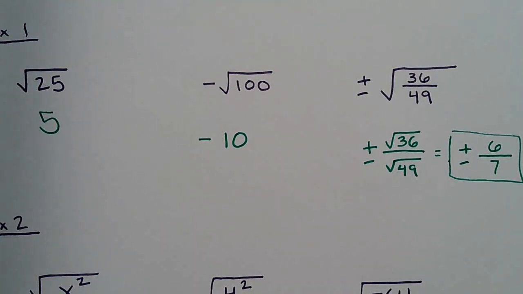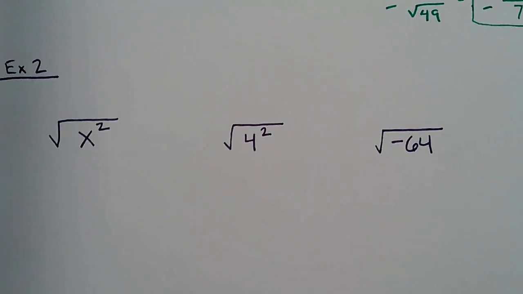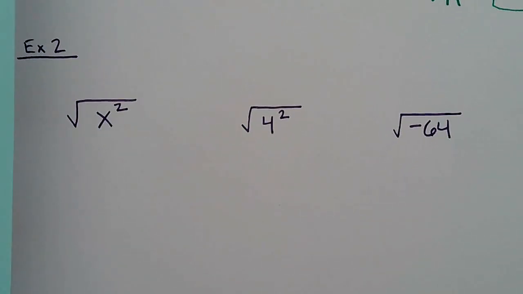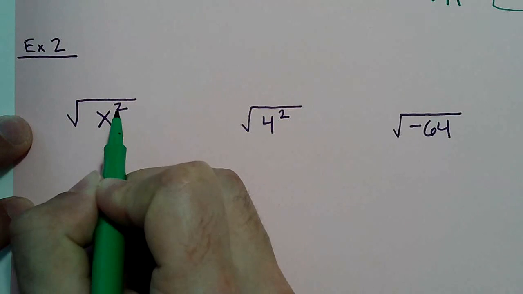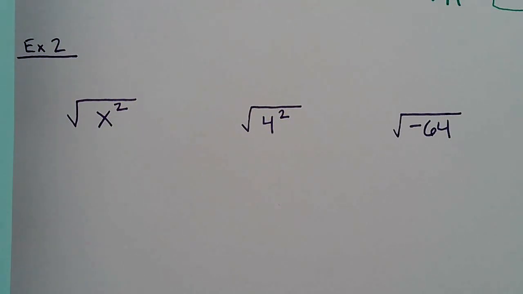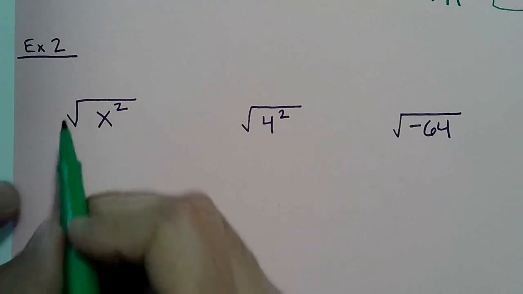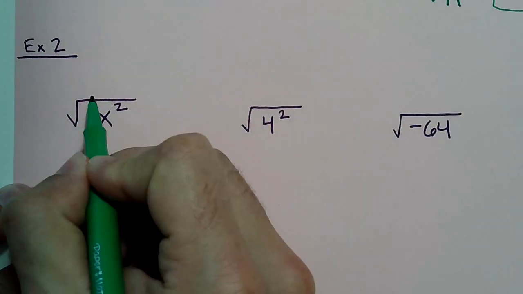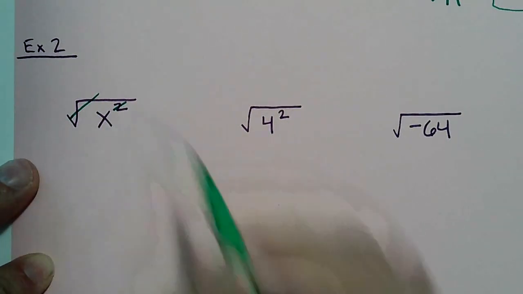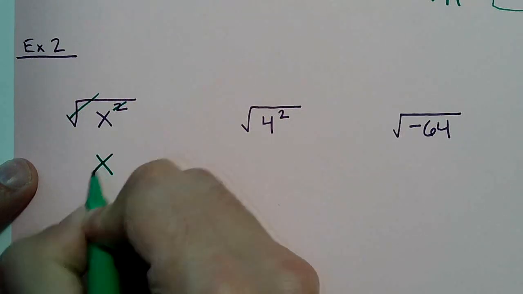All right, we got 3 more questions real quick. Example 2, square root of x squared. Before we talked about how square rooting and squaring undo one another. So if I square root a square, those cancel each other out, and they leave me with just x.